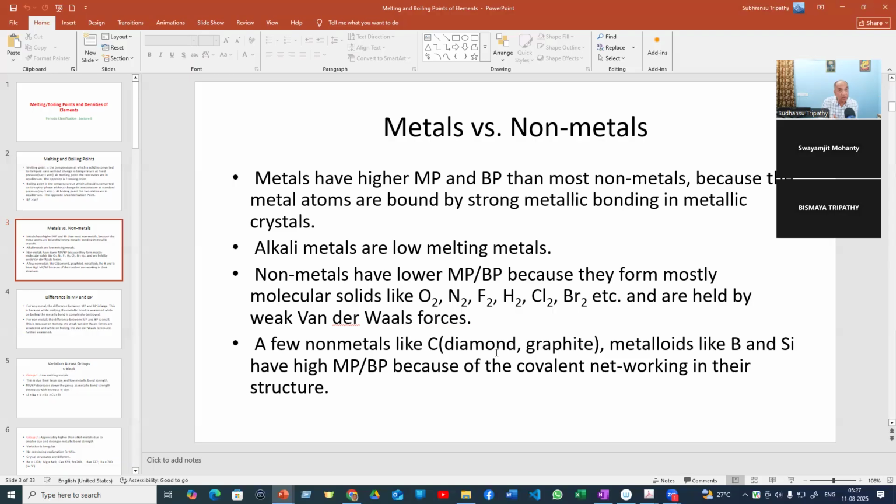But in the case of non-metals like chlorine, hydrogen, nitrogen, which are gases, you have to go in a reverse way. You have to cool down to, say, minus 150 degrees or minus 186, and it will liquefy.